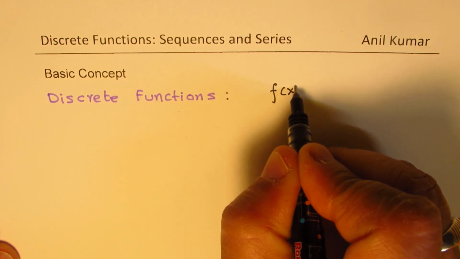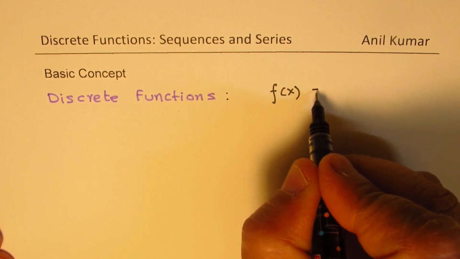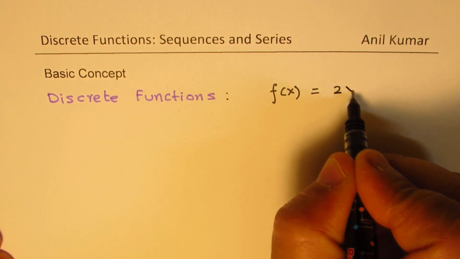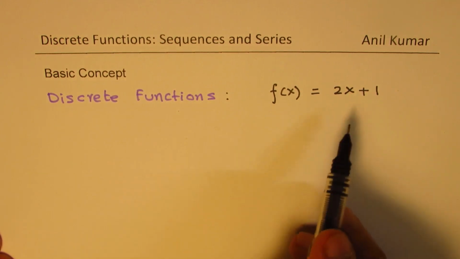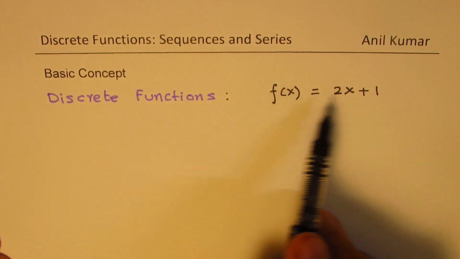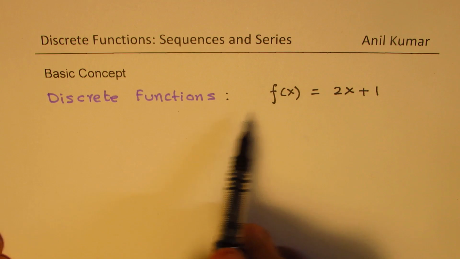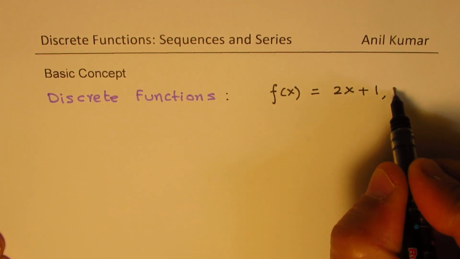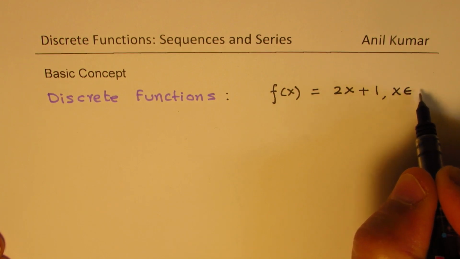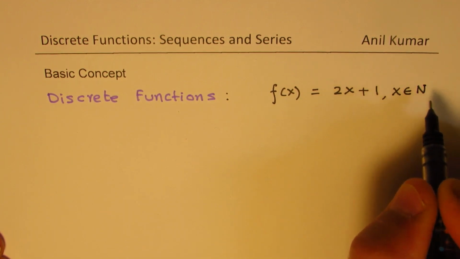Normally we write y, right? So let's say we have f of x is equal to 2x plus 1. Now this is a function. Now when will it be discrete function? It is going to be discrete function if and only if x belongs to set of natural numbers.